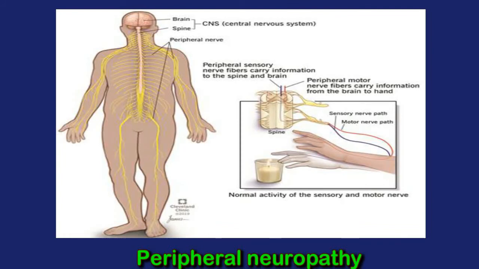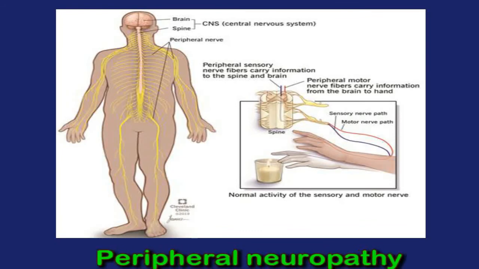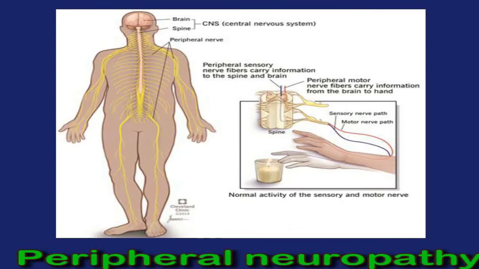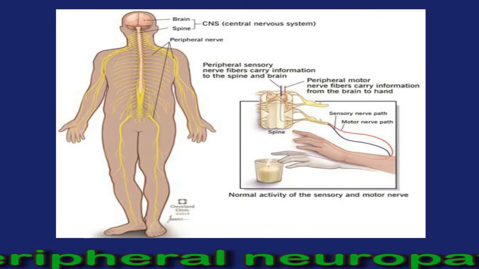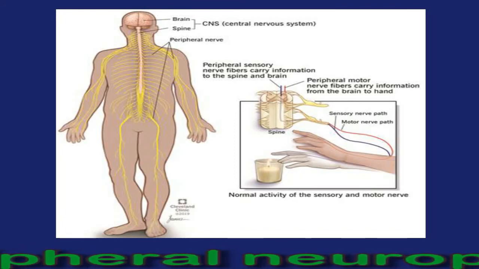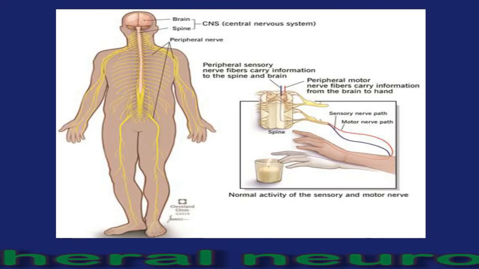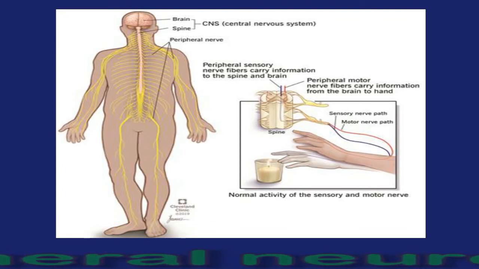This can cause muscle weakness, painful cramps, muscle twitching, and muscle shrinking. Sensory nerve damage. A loss of sensation in the hands or other parts of the body can make it difficult to perform daily activities such as fastening a button.